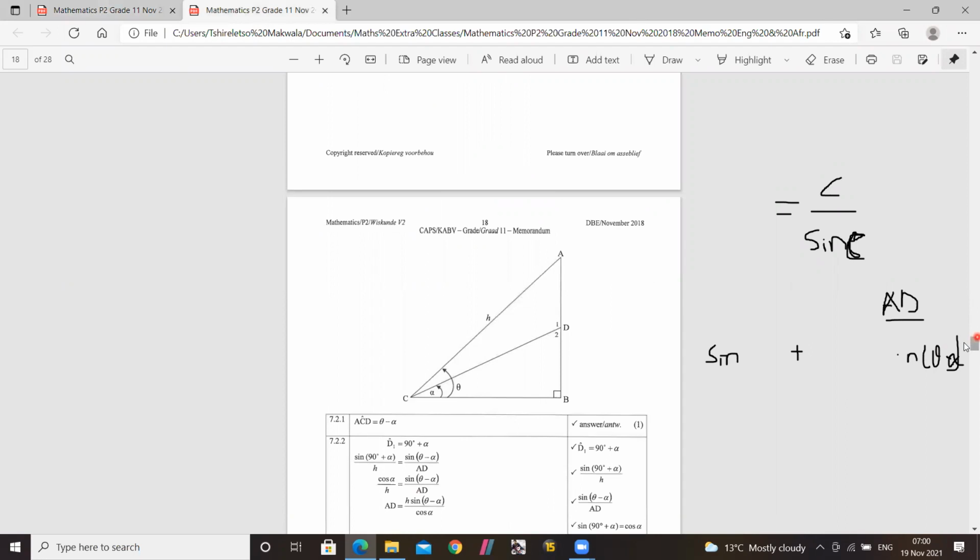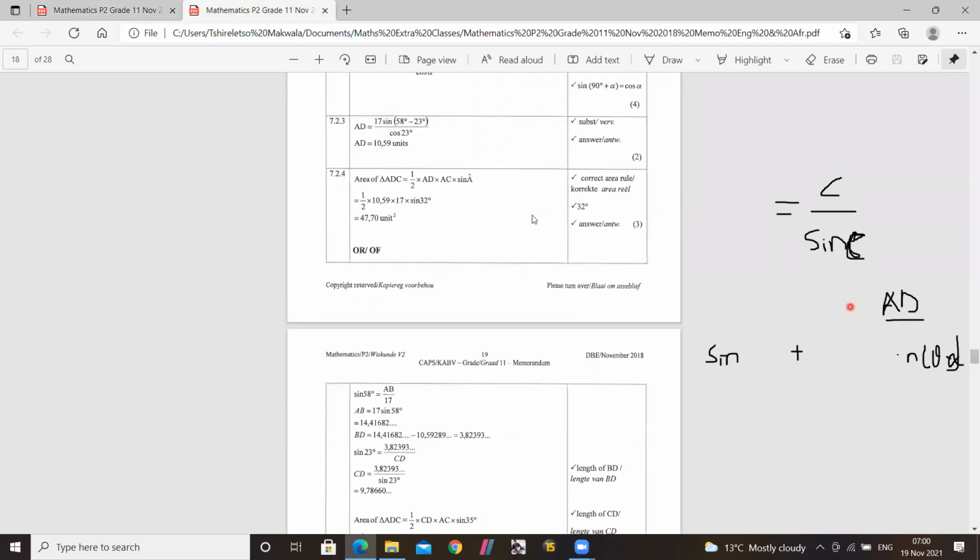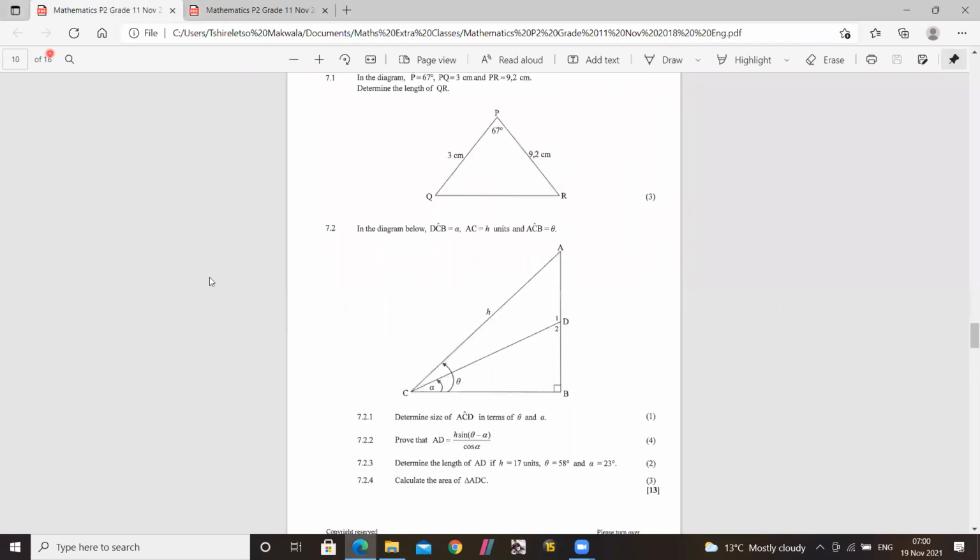So that's basically trigonometry. The questions you're going to get are those cofunctions, special angles and identities. You also get these types of questions where they ask you about triangles.